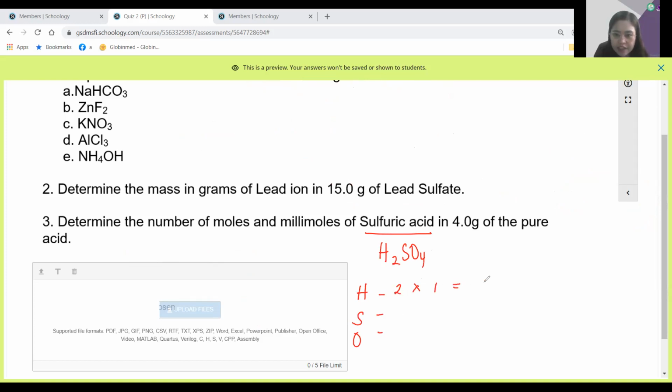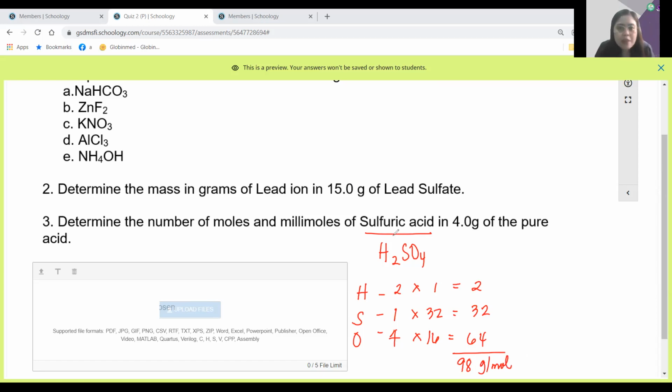You have 2 hydrogen here times 1. This is 2. Sulfur, you only have 1 atom of sulfur. And then lastly, 4 atoms of oxygen, 16 times 4, 64. So 64 plus 32 plus 2, this is 98.